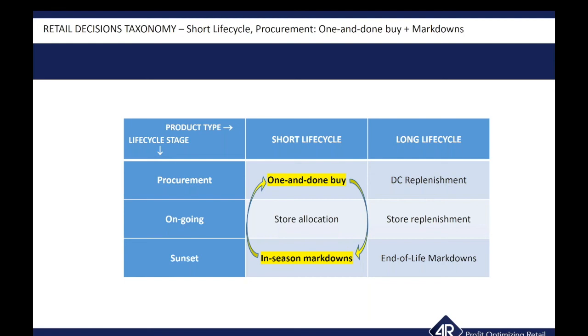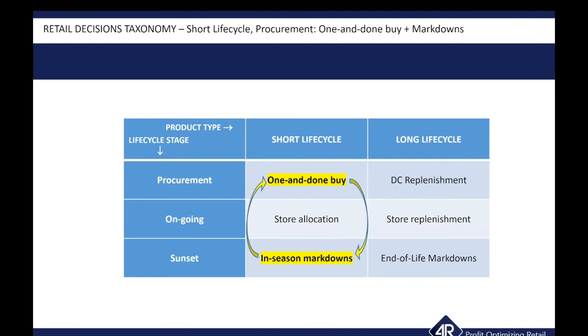In-season markdowns are just a repricing of inventory to stimulate demand in a more profitable way, and end-of-life markdowns represent an exit strategy on a replenishment product that, after possibly many years of replenishment life, is discontinued and phased out. If you look at the economic drivers of those situations, they're very similar, because at the point in time where we consider markdowns, we have a fixed amount of inventory.